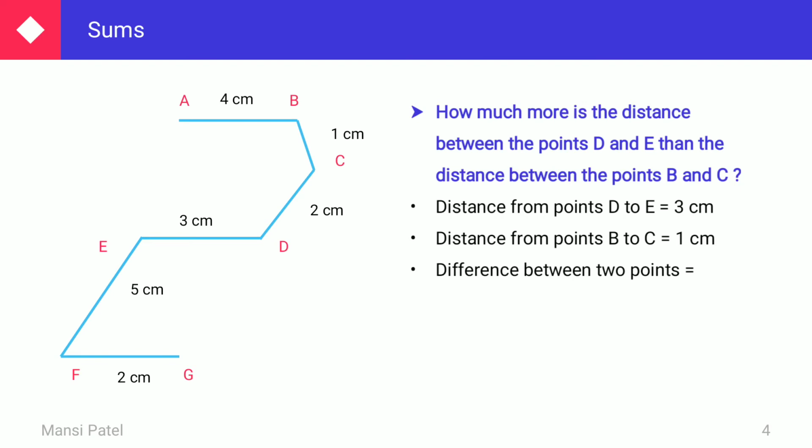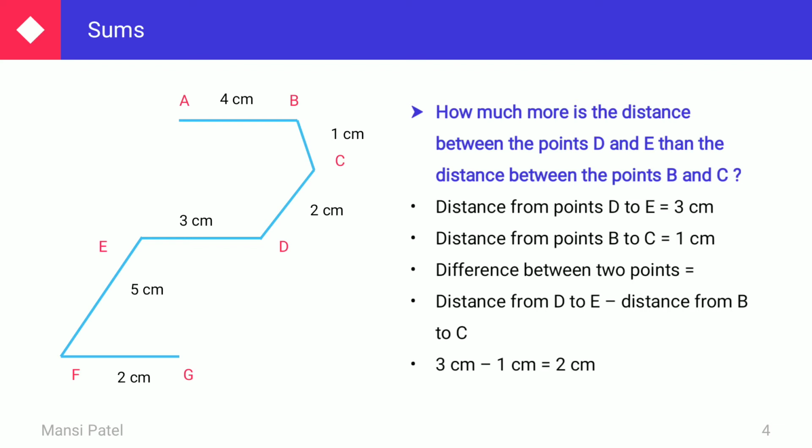Now from this, you have to write down first the one which is the maximum. The distance from point D to E is maximum, so we write down the distance from D to E first, and from this we subtract the distance from B to C. So 3 centimeter minus 1 centimeter. 3 minus 1 is equal to 2 centimeter.